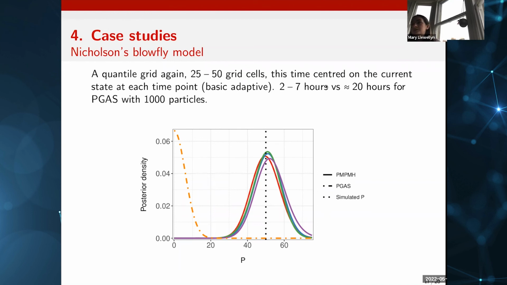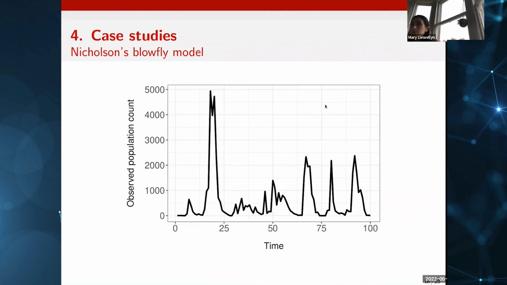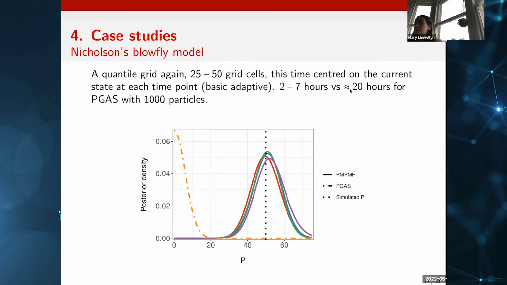Here we used 25 to 50 grid cells. You can see the range of the data is quite large here, so you need a few more grid cells than with other examples. You can achieve what I would call pretty good mixing and convergence within about 2 to 7 hours, depending on the number of grid cells, running on the same computational power as PGAS, just to be clear.